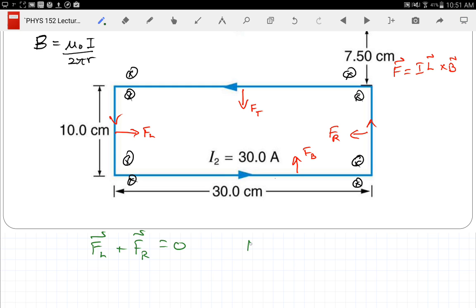And so I just need to find the force top and the force bottom, and then I can add those and I'll be done.